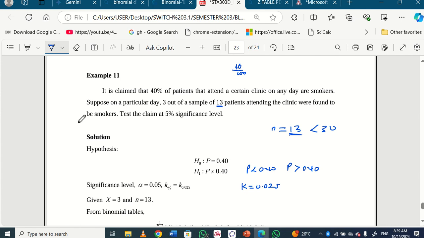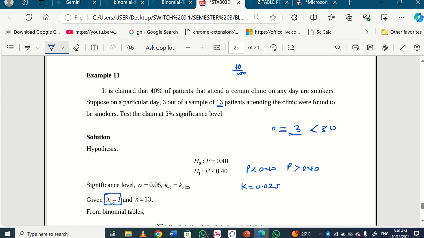Now we know X is equal to 3. Those 3 out of the sample attending the clinic were found to be smokers. So we are interested in those who are smoking. This is the sample of interest.